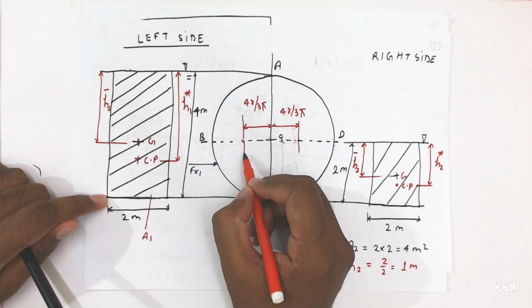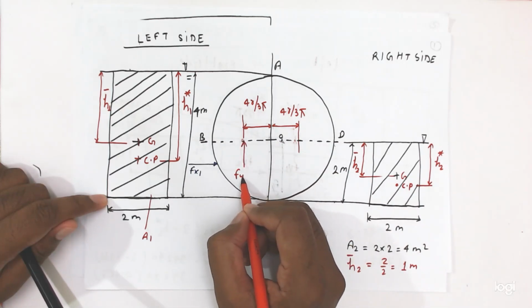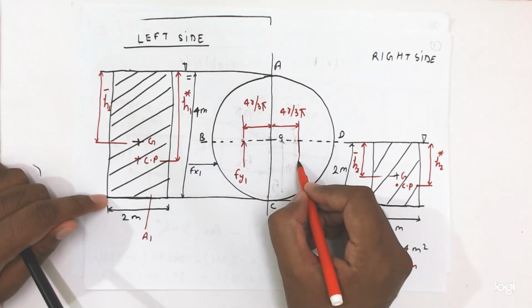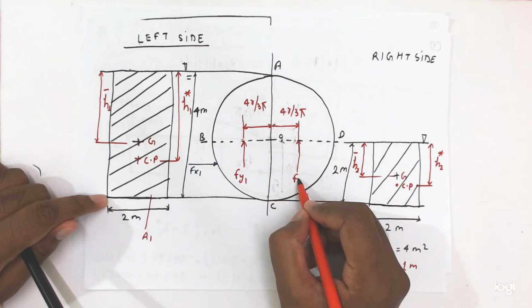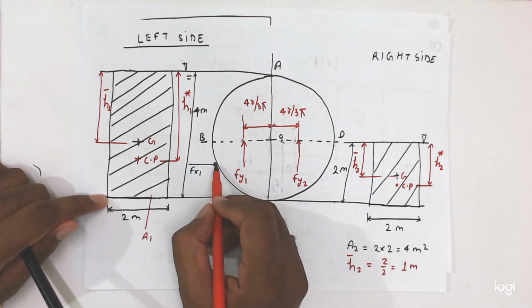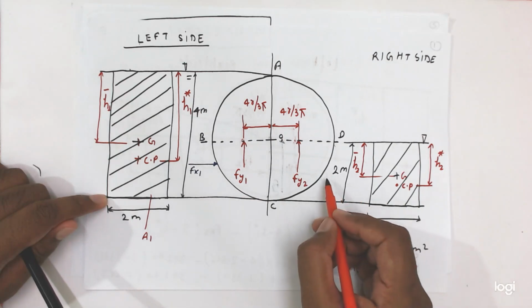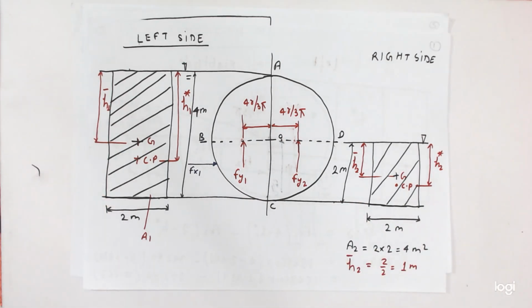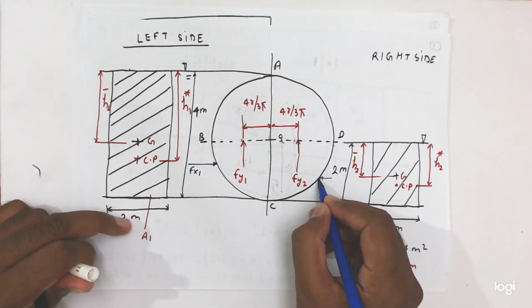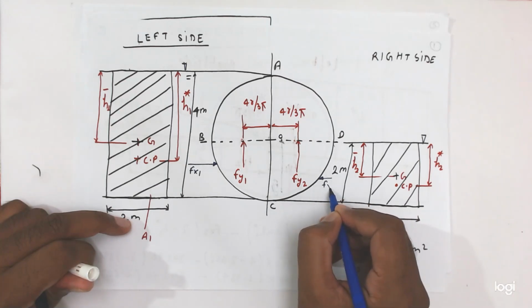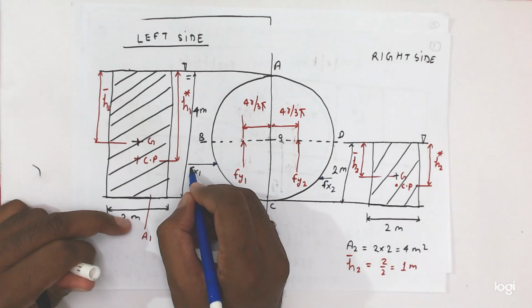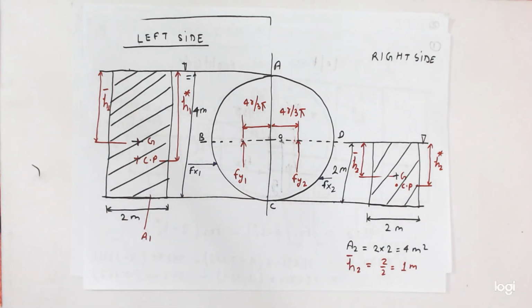So here this is fy1 and at this point fy2, and horizontal component fx1 here, and in this direction this is the fx2. Getting friends? A little bit complicated is there, but keep patience, it will be understood.